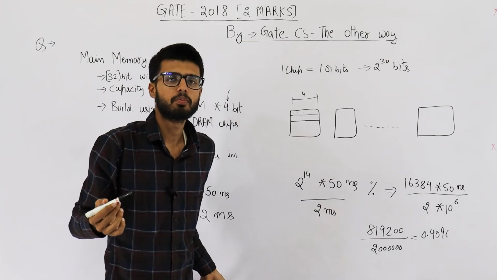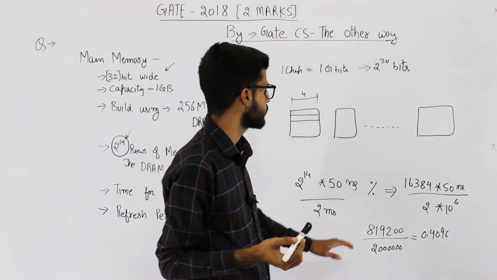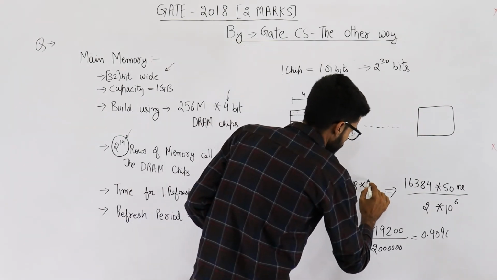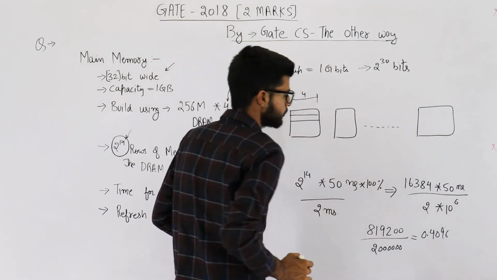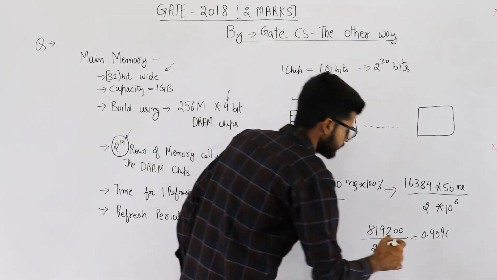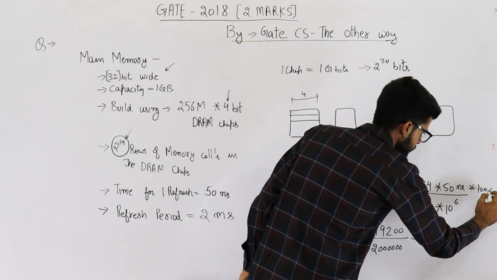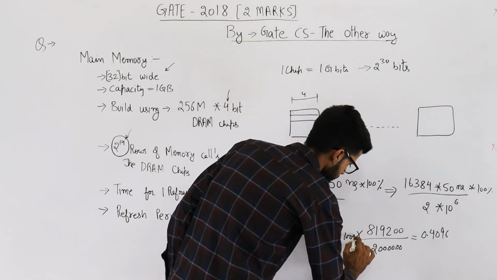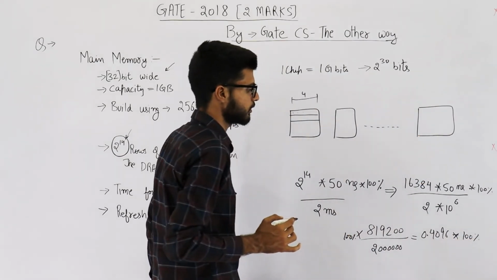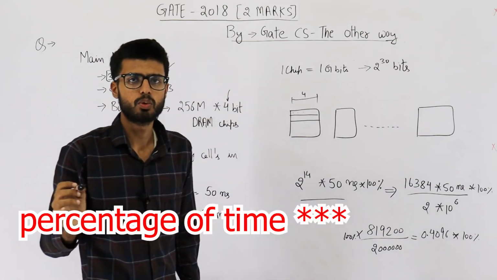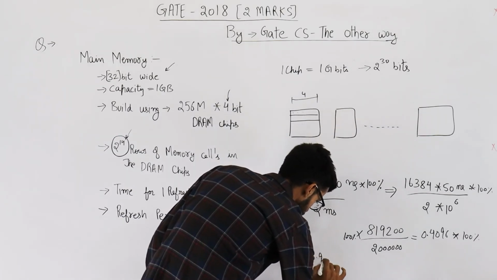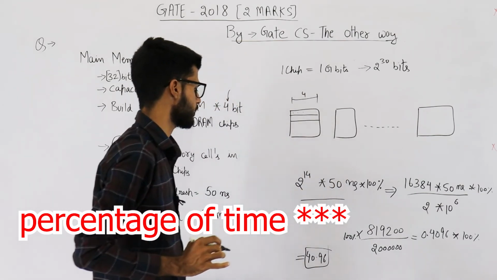Now you can multiply it by 100 to get the percentage. Okay, so I think we must do it here only, into 100%. You can just cancel these 2 zeros with those 6 zeros. So into 100%, here also, and here also. So your answer, sorry, it's not the answer. It's actually the time used in refreshing. This is 40.96. This much time is used for refreshing.